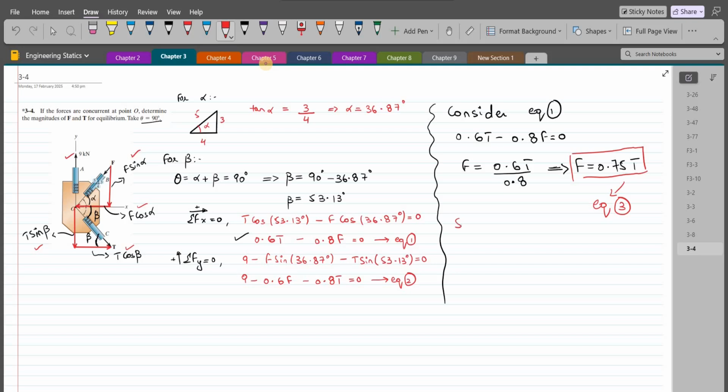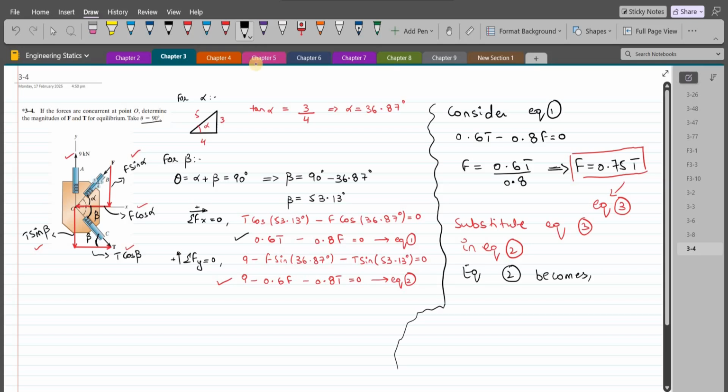Now I am going to substitute equation 3 in equation 2. So equation 2 becomes 9 minus 0.6 F minus 0.8 T equals 0, and in the place of F I am going to substitute equation 3.